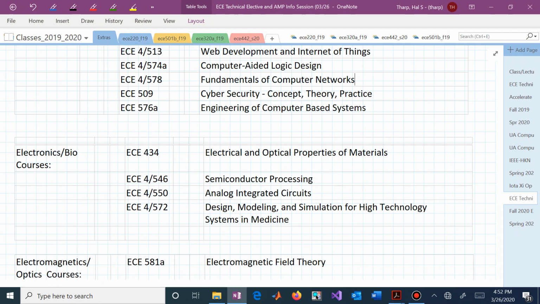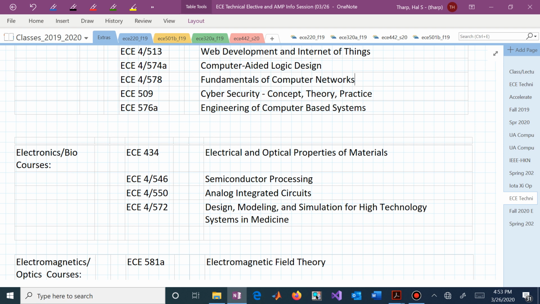If you're interested in electronics and bio type classes, then in the fall you have electrical and optical properties of materials, that's 434. If you wanted to know how to build or manufacture these semiconductor devices, that's 446. What about analog integrated circuits, a little bit beyond what you learned in 351C?